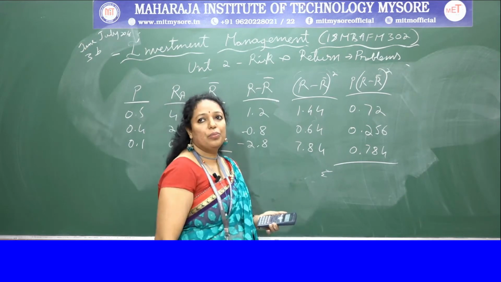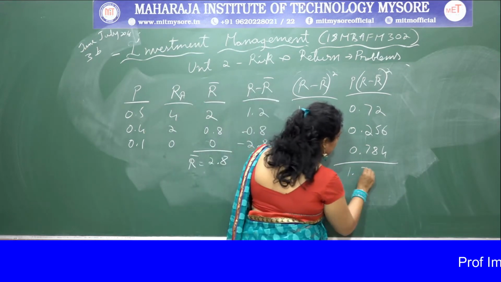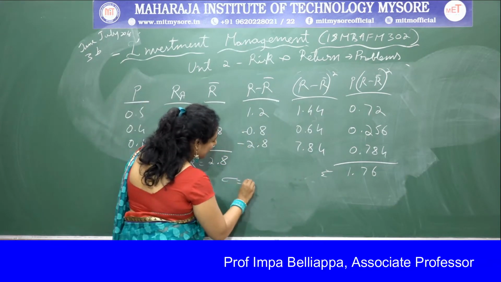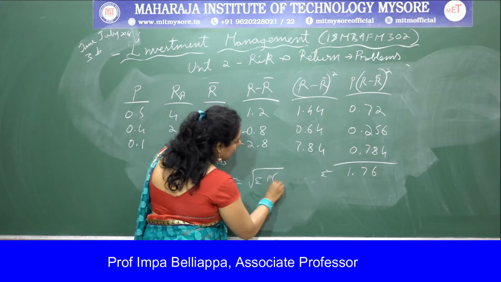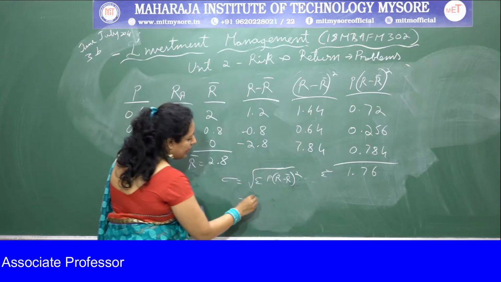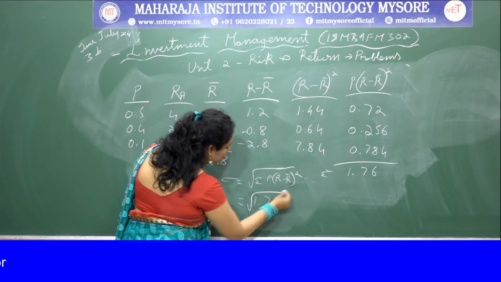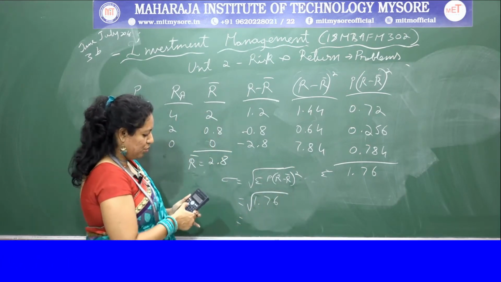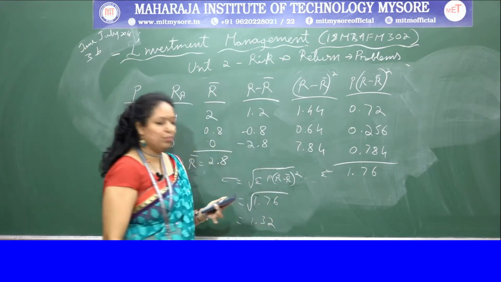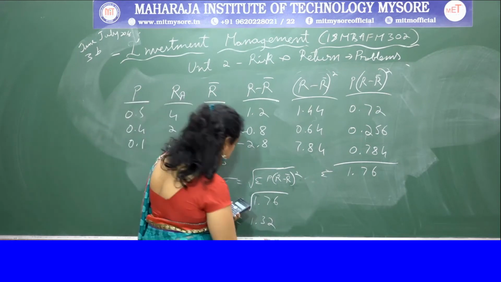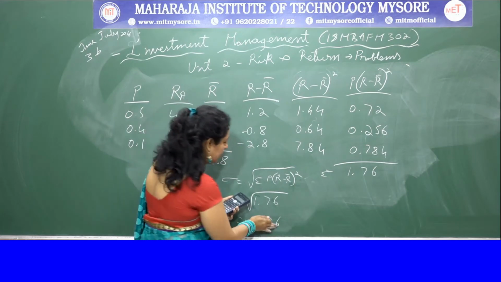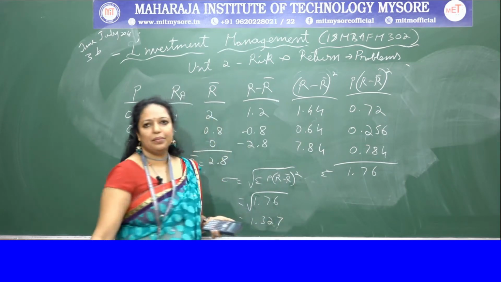You get 1.76. So standard deviation is root of sigma p into (r minus r bar) square, whereas 1.76 root you have to do. When you do the root of this answer, you get 1.327. You can keep it 1.33, or else you can write 1.327.